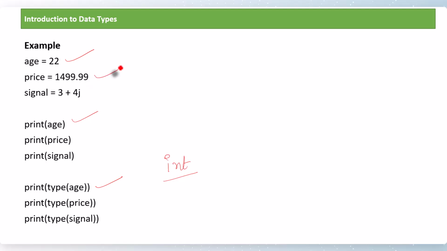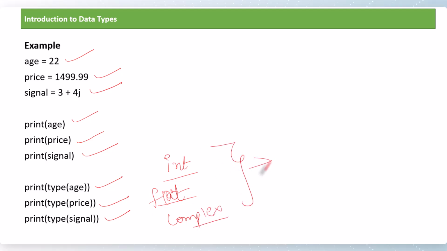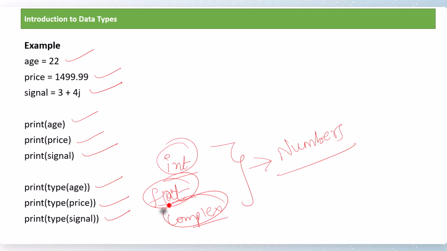Then price equal to 1499.99, print the price and see the type of the price, which will show you float. And signal equal to 3 plus 4j, print the signal and the type of signal, which will show you the complex data type. So all these three are considered numbers only. We can represent a number in integer form, floating point form, or complex form.